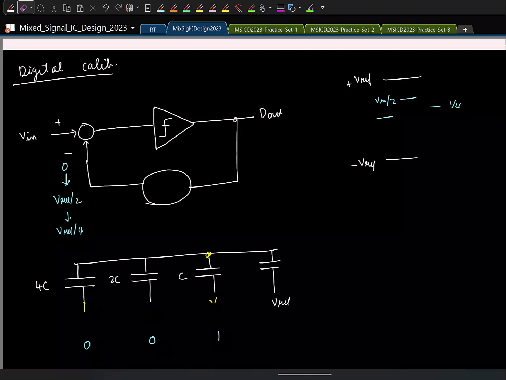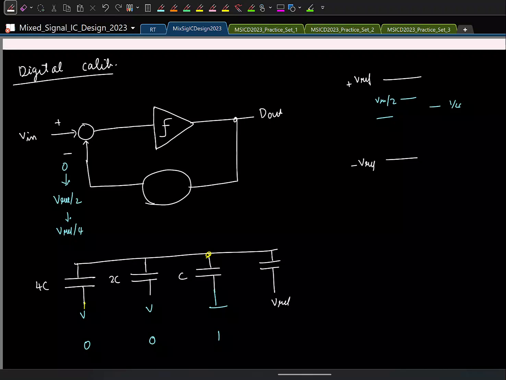Then I'll connect these to Vref. Now what is the voltage I'm comparing the input with? Vref by? No, the logic is right. Remember that we had already put in an initial condition. The deal is this: the capacitance connected to ground divided by the total capacitance, times Vref, is the reference voltage I am comparing my input with. That is Vref by 8 here, right?